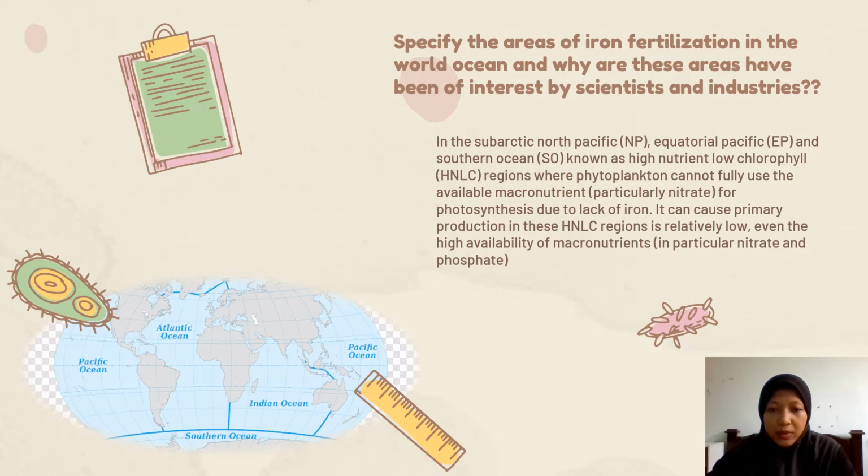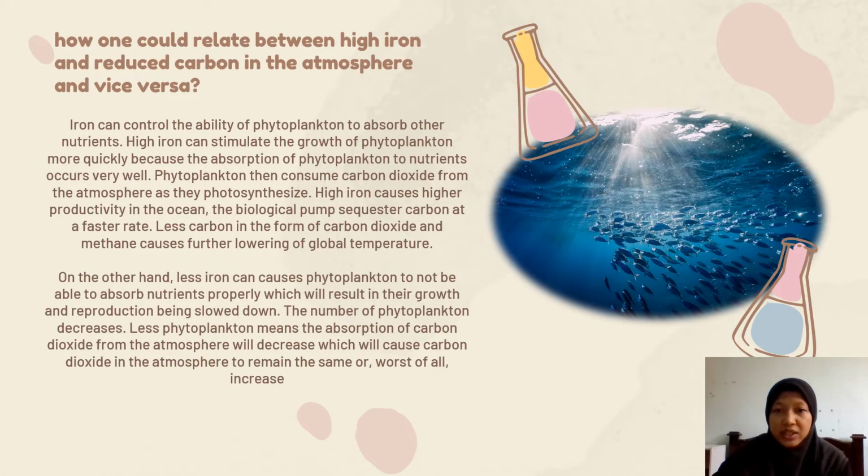It causes primary production in these HNLC regions to be relatively low, even with high availability of macronutrients, in particular nitrate and phosphate. Is there any relationship between iron content in the ocean and carbon content in the atmosphere?